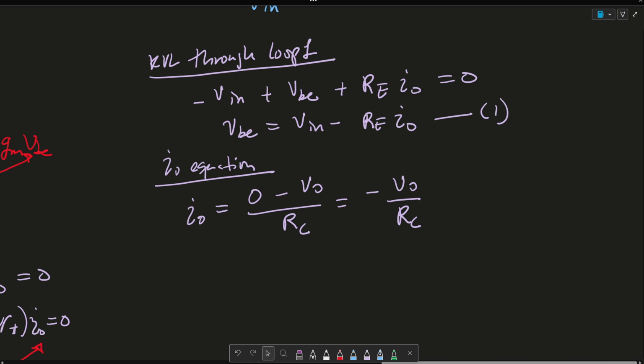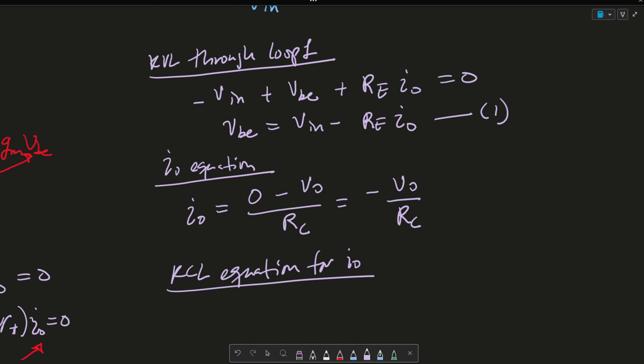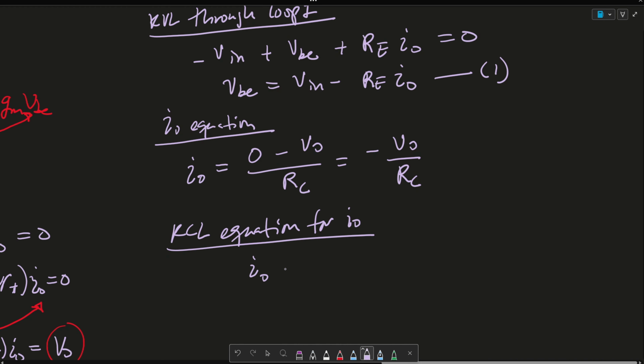The next thing I can do is write a KCL equation for IO. I could say that IO is equal to IO1 plus GM VBE.